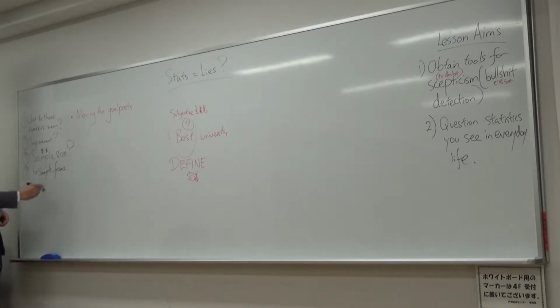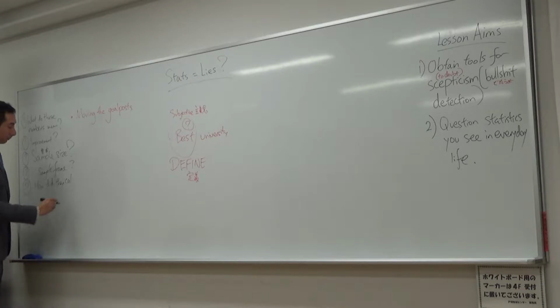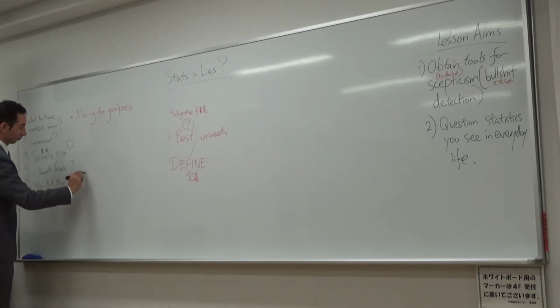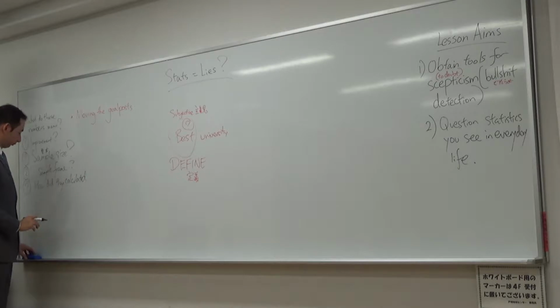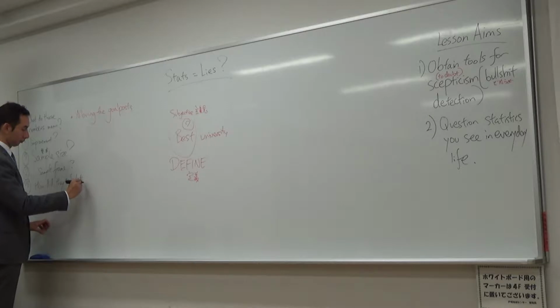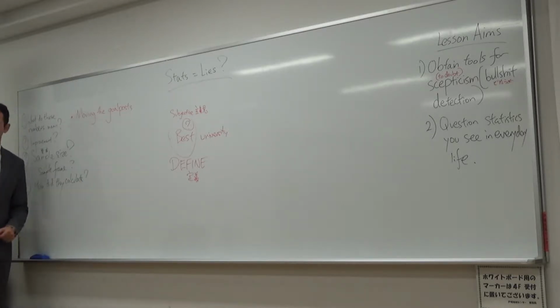Saki-san. How do they calculate the percentage? How do you think they calculated it? To be simple, maybe the total number and then divide. Total number of what?